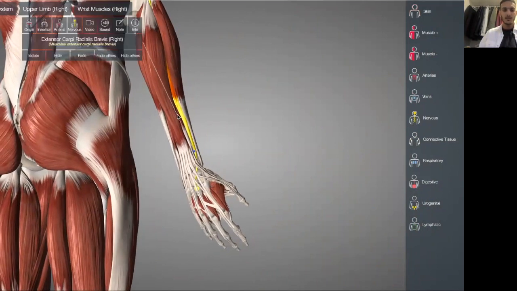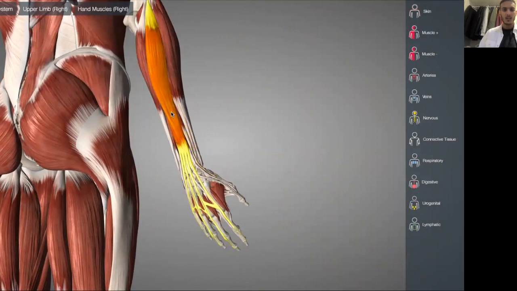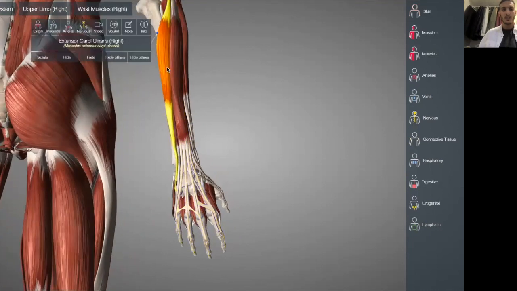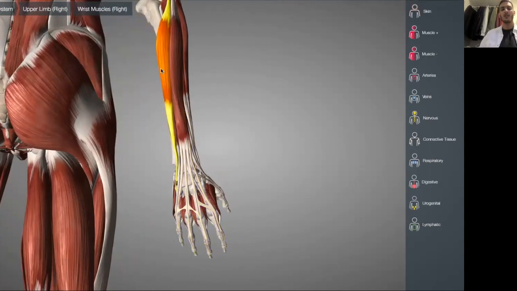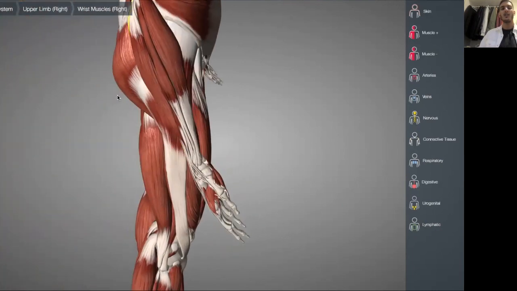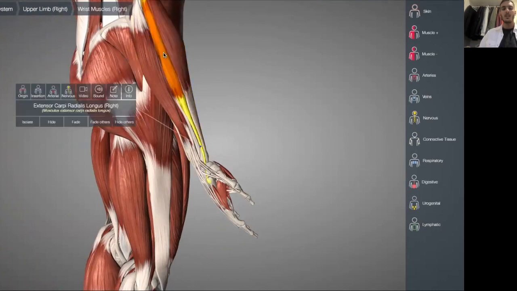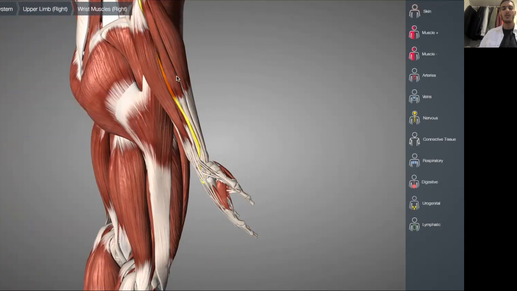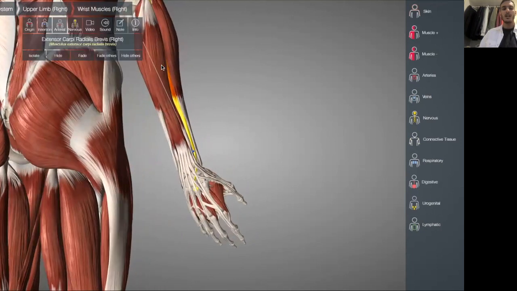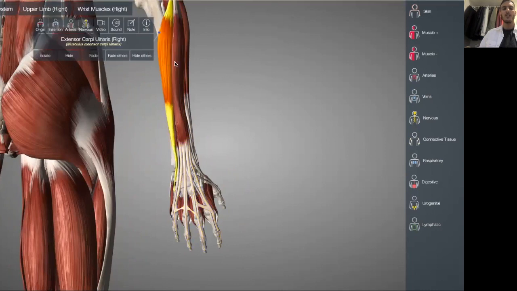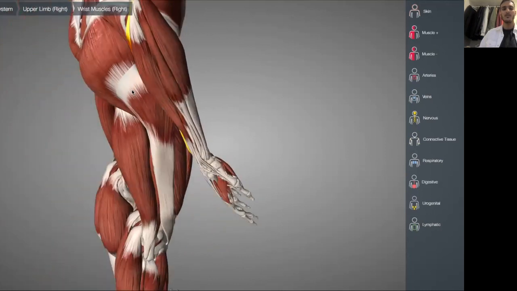Then comes the extensor digitorum of the hand, and finally the extensor carpi ulnaris. This is the most superficial layer of the extensor muscles. Brachioradialis, extensor carpi radialis longus, extensor carpi radialis brevis, extensor digitorum of the hand, and finally the extensor carpi ulnaris.